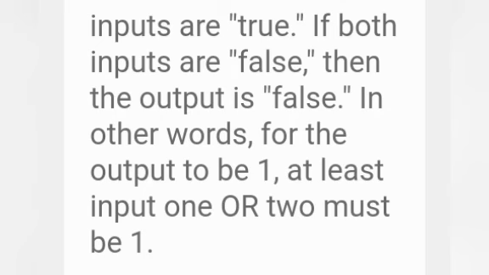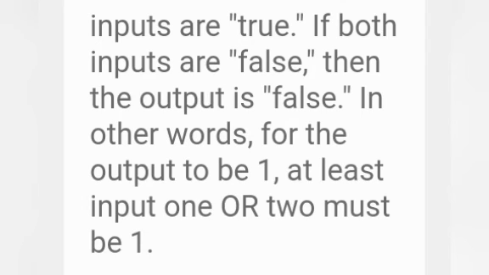I repeat, if both inputs are false, then the output is false. In other words, for the output to be 1, at least input 1 or 2 must be 1.